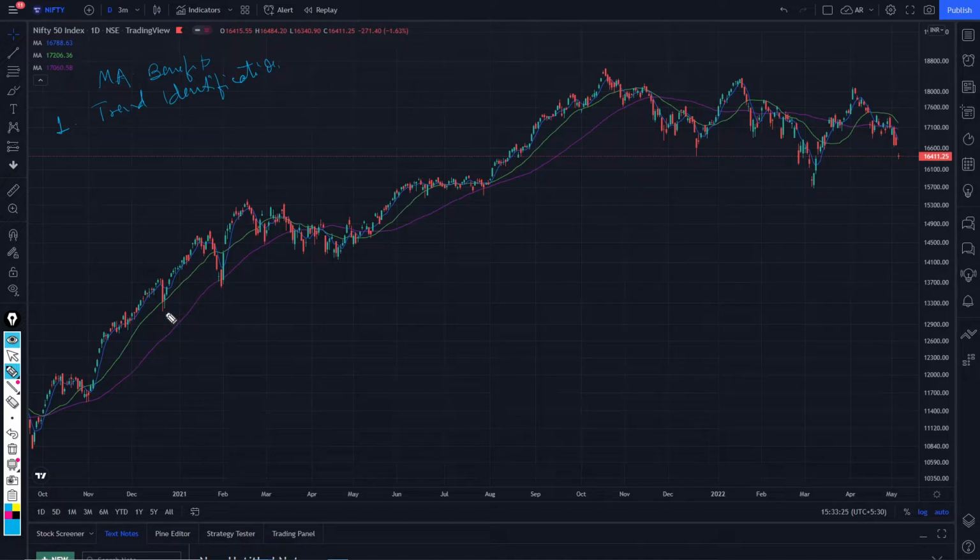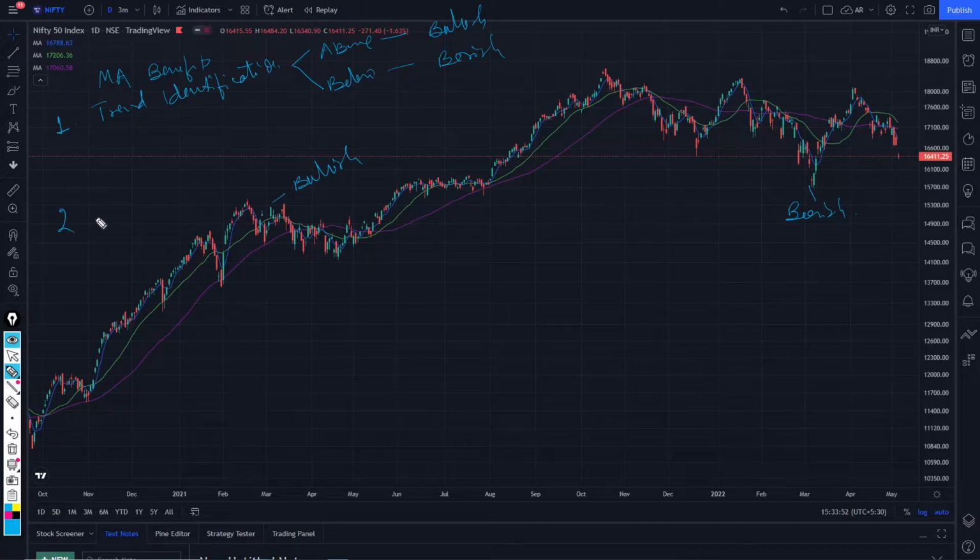If it is above the moving average, it's bullish. Either above the moving average or below the moving average. So above the moving average, bullish. Below the moving average, it's bearish. Here is bearish. Considering this, you can decide your trade.